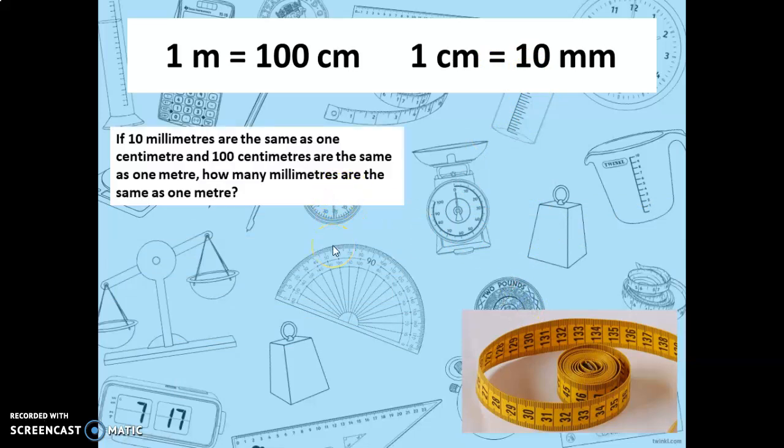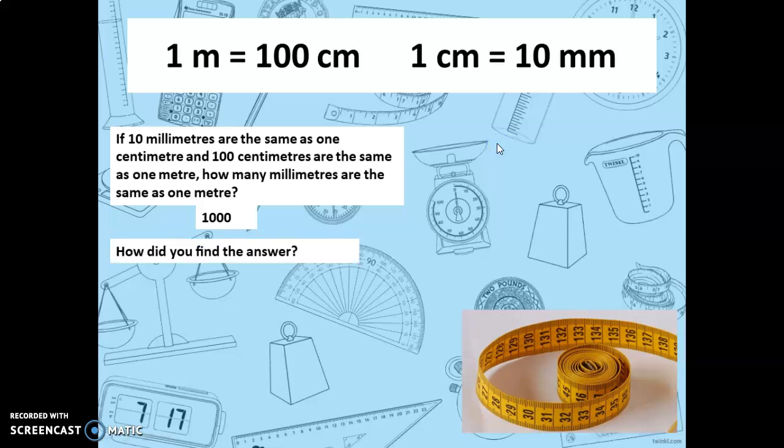Okay. If 10 millimeters are the same as 1 centimeter, and 100 centimeters are the same as 1 meter, how many millimeters are the same as 1 meter? What do you think? Converting from 1 meter to millimeters. 1,000.